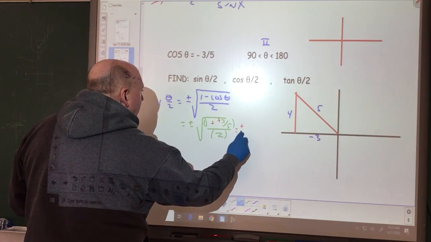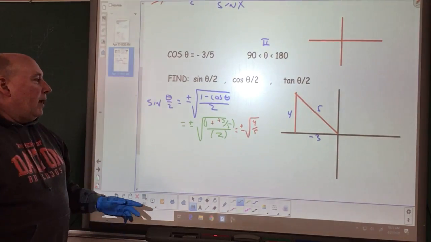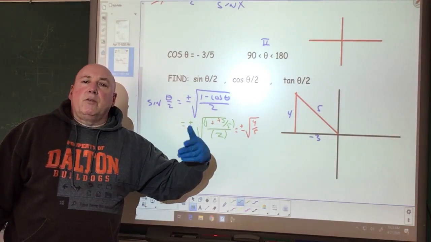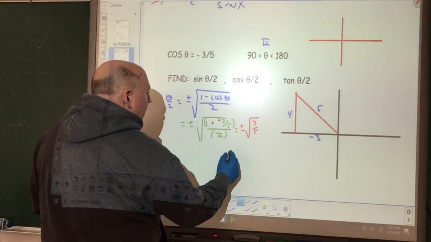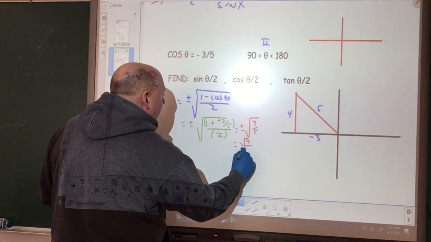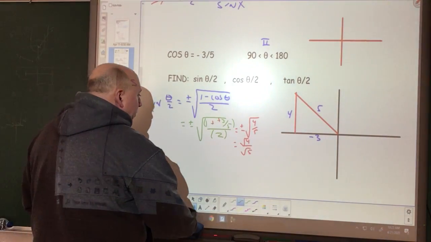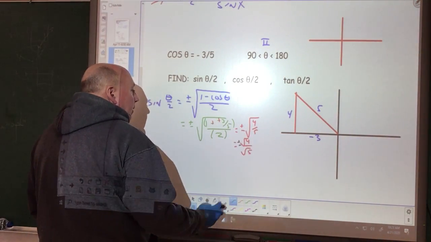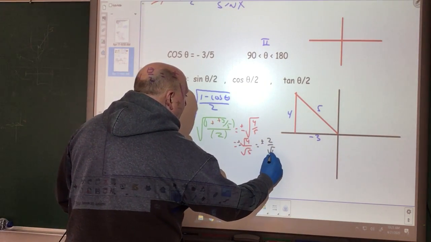So we have plus or minus square root of 4 over 5. Now we have to simplify this, so now we have to go back to our algebraic skills. This is square root of 4 over square root of 5. And we're still plus or minus, which is plus or minus 2 over square root of 5.